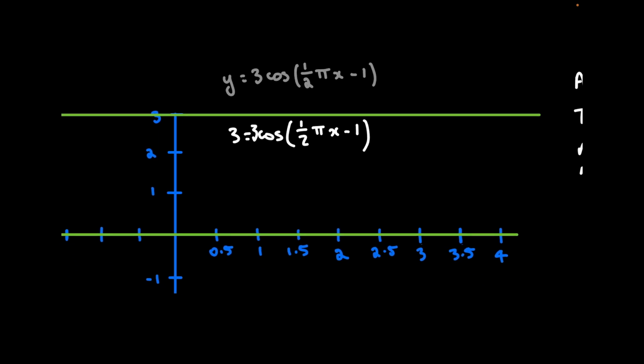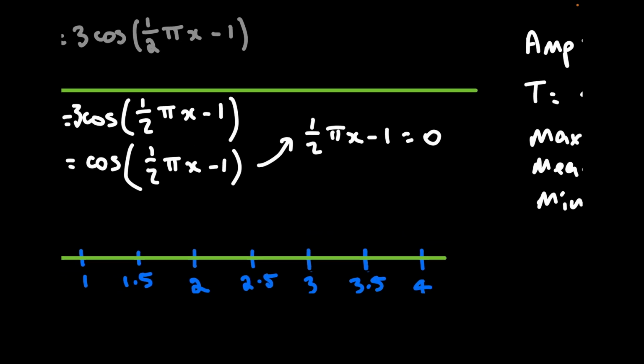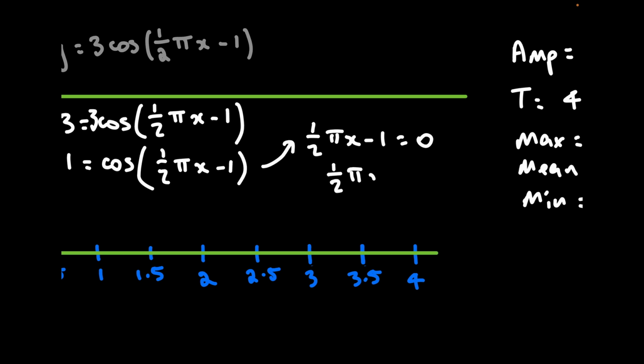We can divide both sides by 3 to get that 1 equals to cosine of half pi x take 1. And we know that the cosine of 0 degrees is equal to 1. So we can say that the half pi x take 1 is equal to 0, in which case half pi x equals to 1.